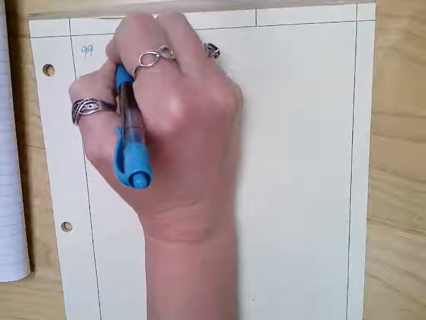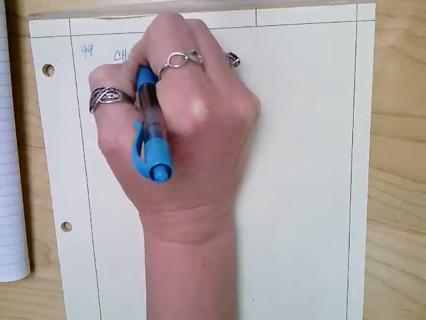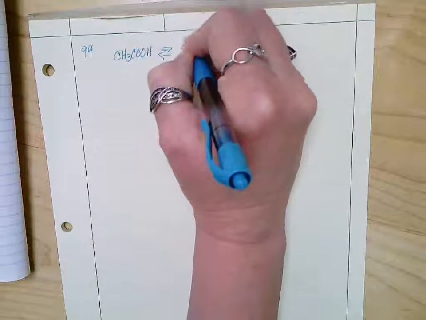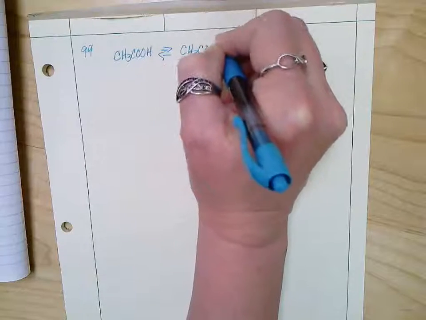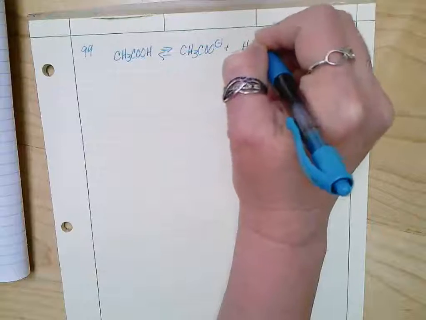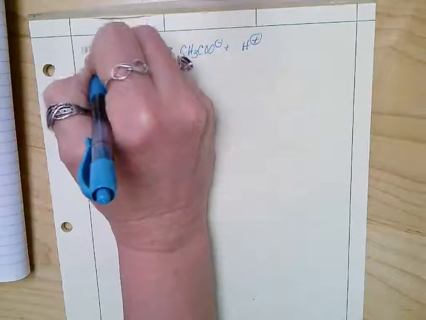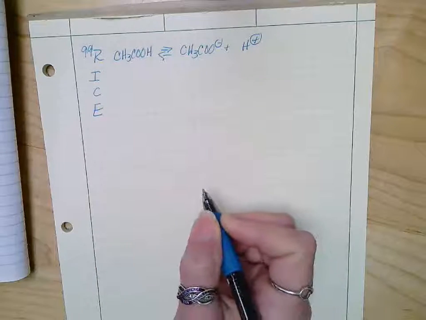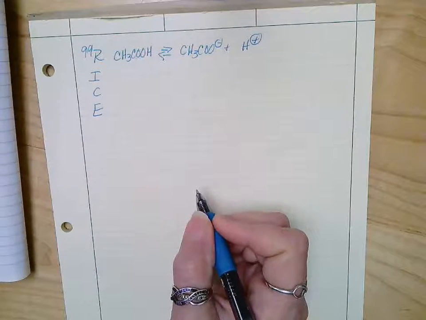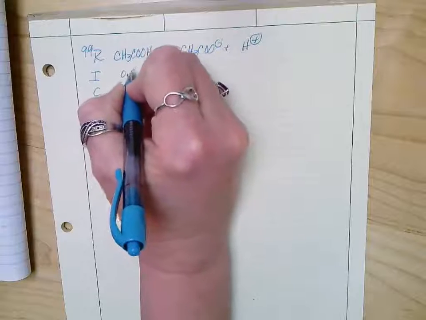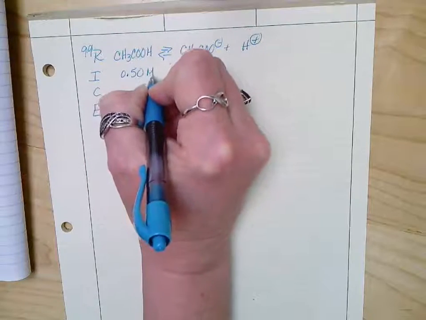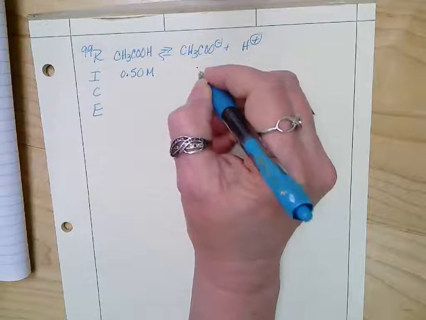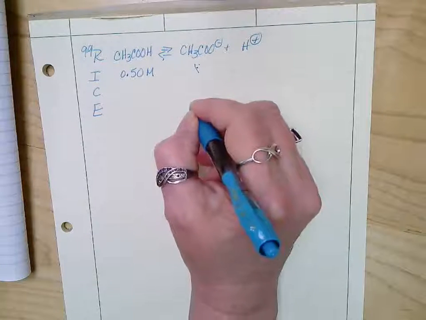So my equation is going to be acetic acid dissociating in water to give me acetate and hydrogen ions. That's the R of my RICE. So now I'm going to do my RICE table, and it says that I have 0.50 molar here, and I'm going to add some amount of this X here, so that's going to be at equilibrium.